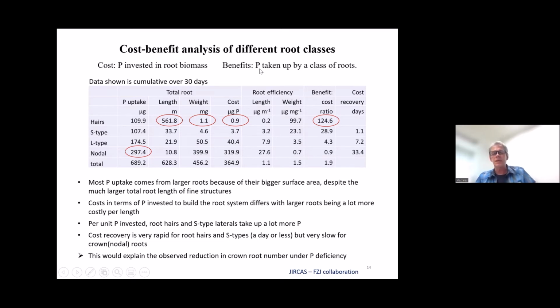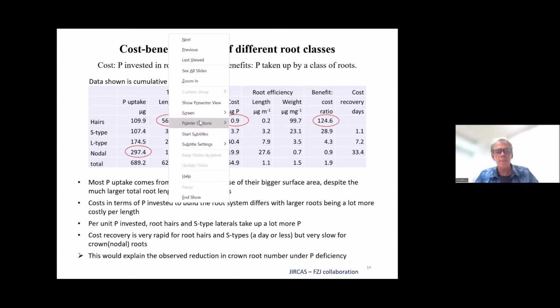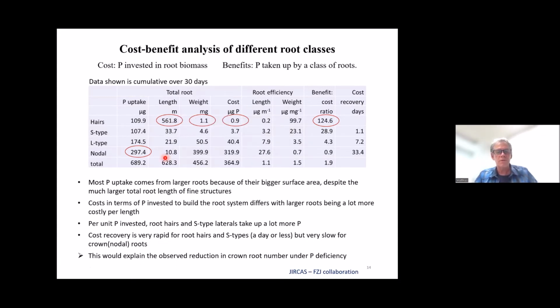Benefits would then be the P taken up by a class of root. The model simulation showed that, first of all, most of the P uptake came from nodal roots, despite the fact that hairs and fine structures are much, much longer than the nodal roots themselves. But costs in terms of P invested are very unfavorable for nodal roots.